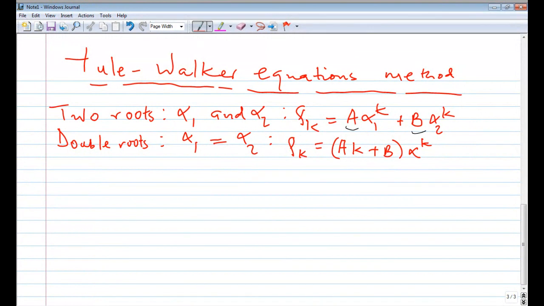Sir, is it rho k equals A k plus B, or is it A plus B? It's A k plus B, then close the brackets, alpha to the power k.